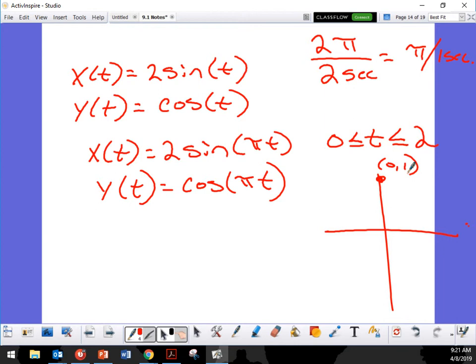So now let's go ahead and plug it in. So we start with that value. For the x value, t equals 0, sine of 0, I get 0, right?